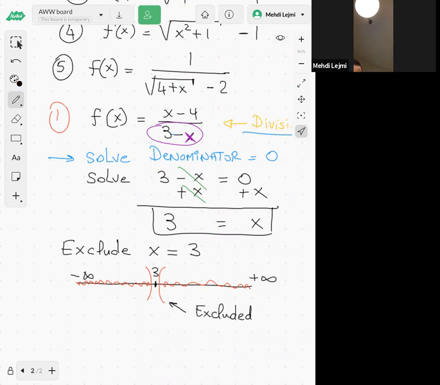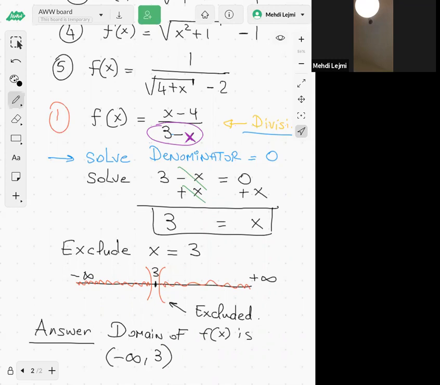Okay, and so the final answer, so the domain of f of x is negative infinity to positive 3. As I said, infinity is always excluded. We're gonna always use parentheses for the infinity.